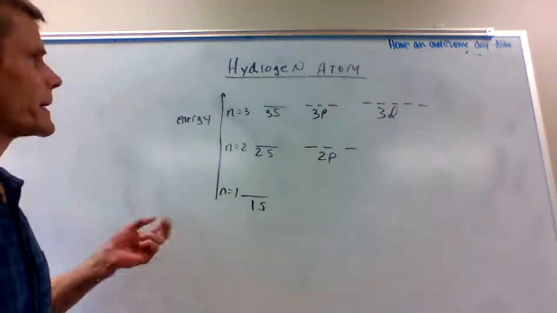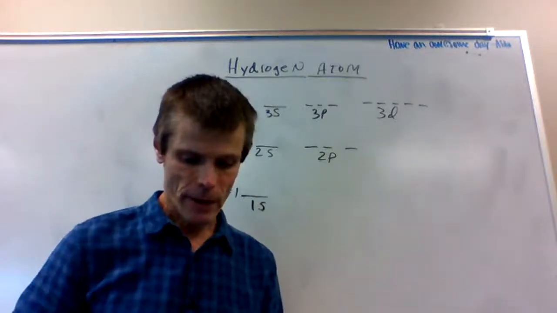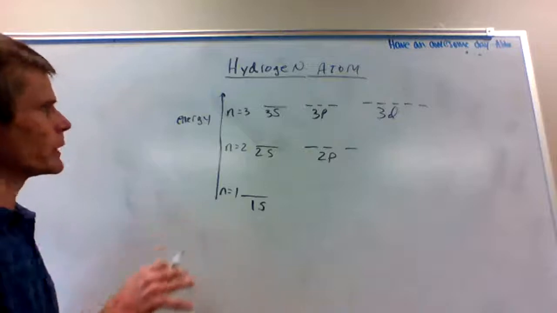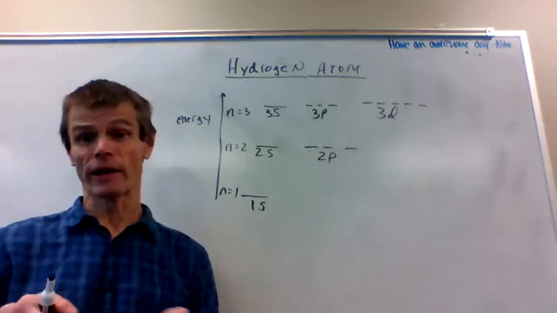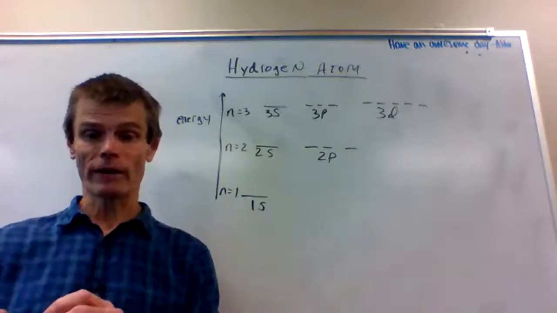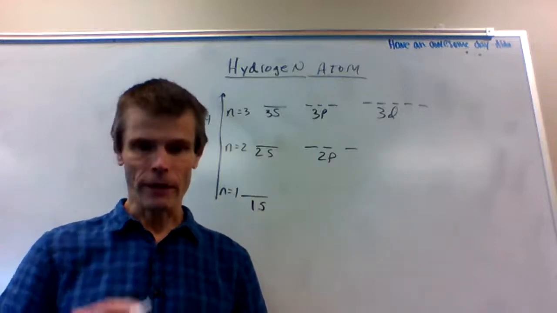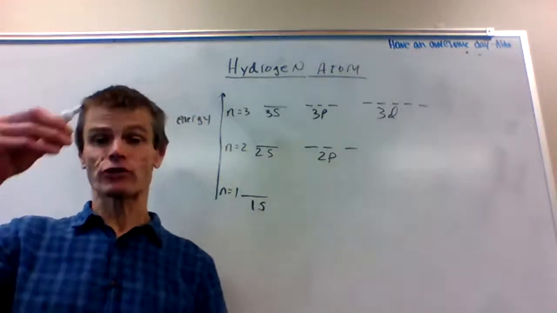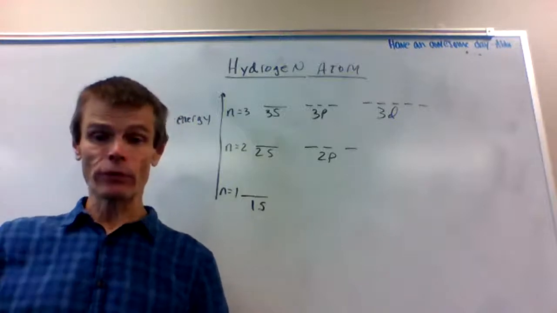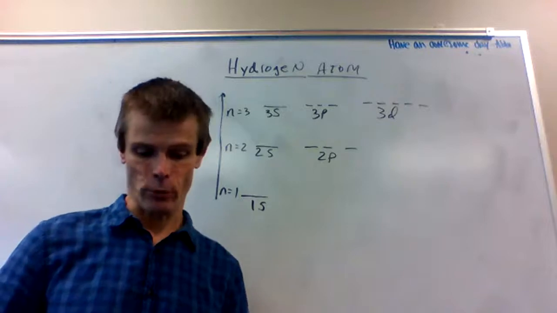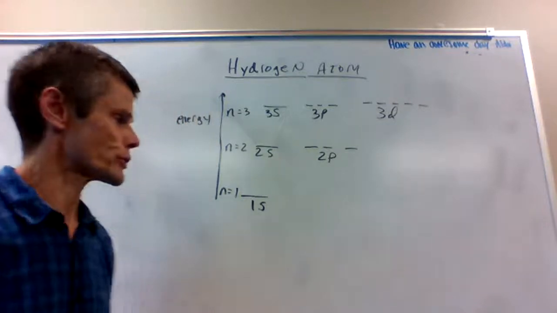And we're going to begin with the hydrogen atom. What we're going to do is move through the periodic table, and we're going to modify our energy level diagram when we get to situations in which we have more than one electron. And this adding electrons to atoms as we move through the periodic table is known as the Aufbau principle. So let's begin with the hydrogen atom.